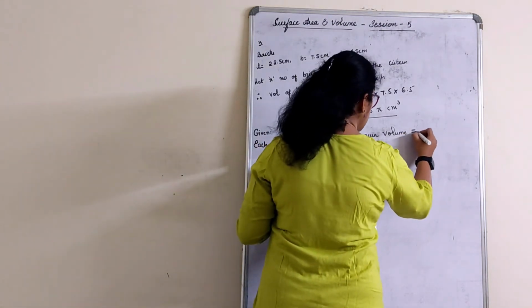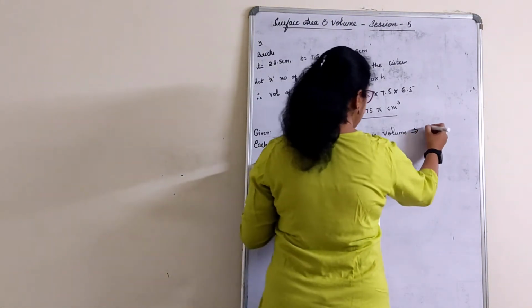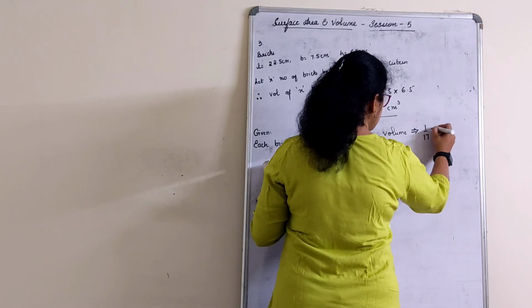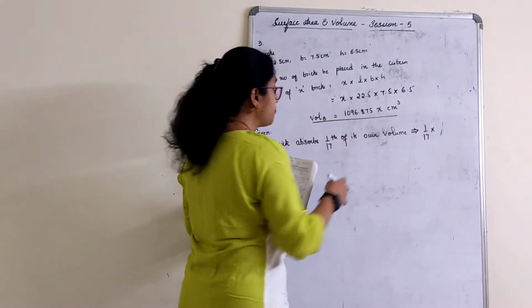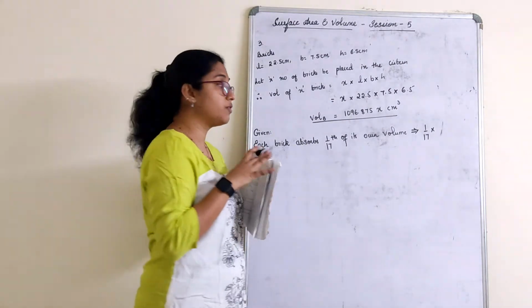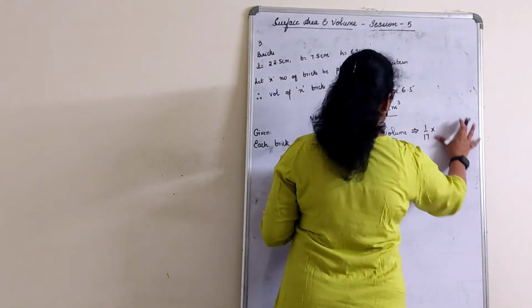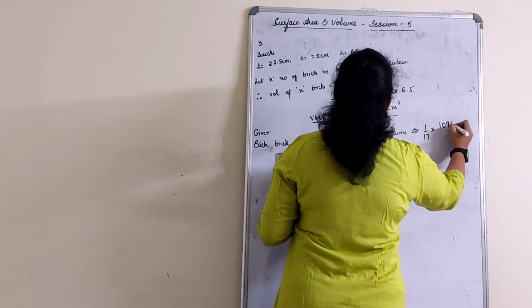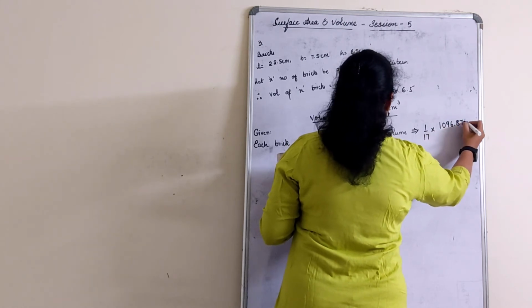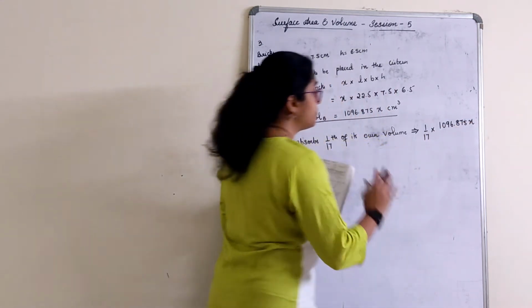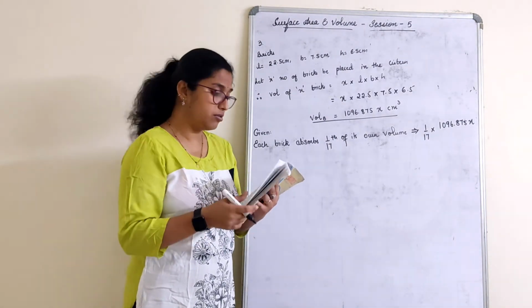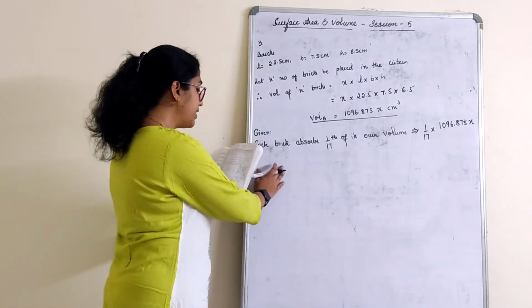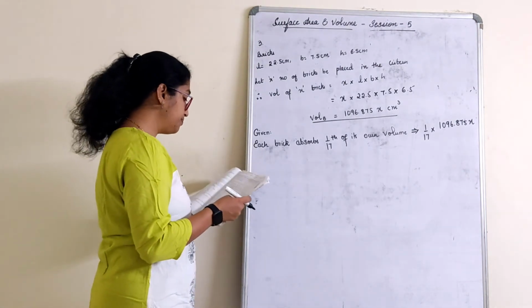Which is nothing but given by 1/17 of what? Own volume is what? This volume. Each brick will absorb 1/17 of its own volume of this 1096.875 of x. Okay, x can be any unknown number. So each brick will absorb 1/17 of its volume.